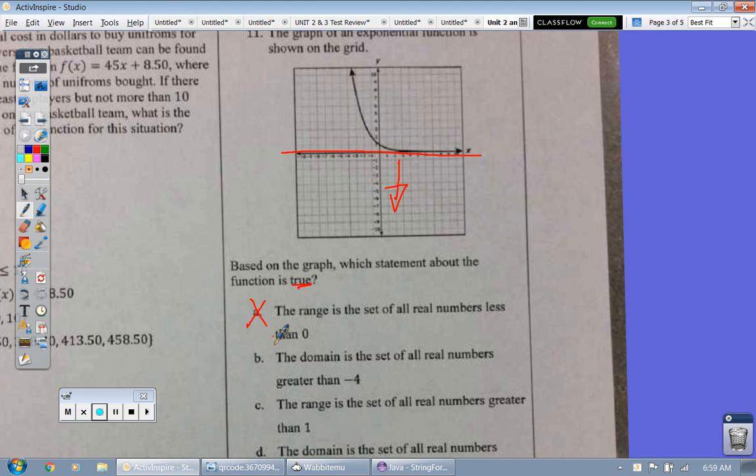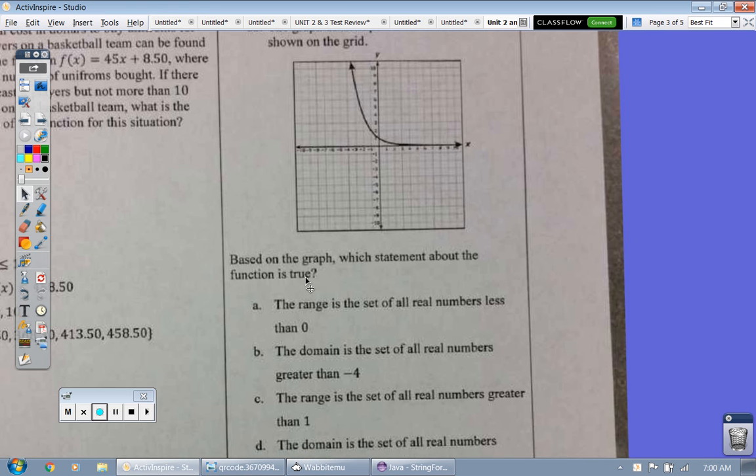The domain is the set of all real numbers greater than 4. Well, if I start here at 4 on the x-axis, 1, 2, 3, 4, and if I go greater, is that the only part of the graph that is used or that you see? No, you see this going off to the left, so it's using those values of x, so it's not B. And let's just get right to the answer here.